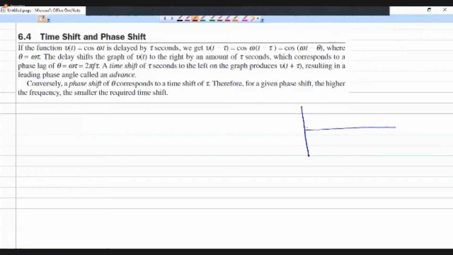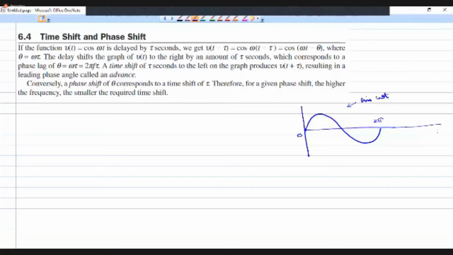let me draw a sinusoidal function. So this is, let us say, sine omega t. It is going to make a complete cycle at theta is equal to 2 pi.